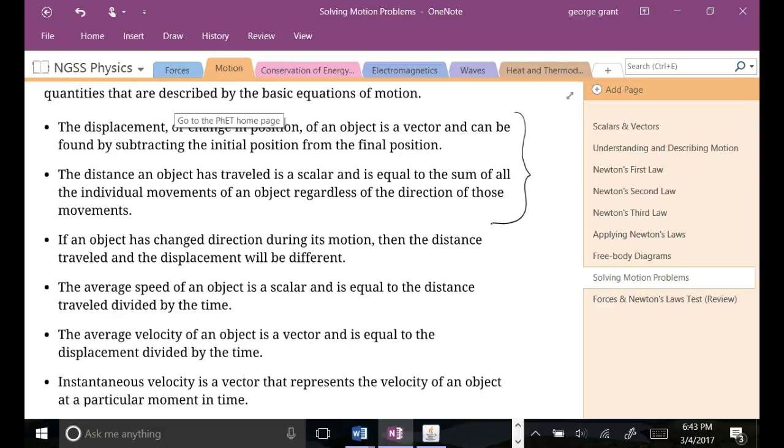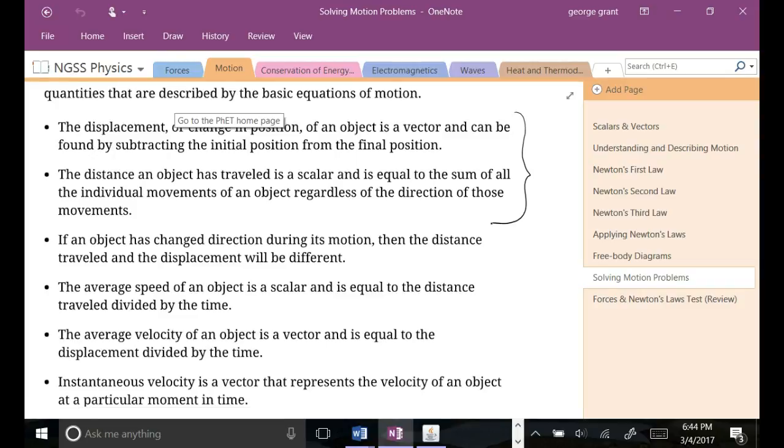So say if you're considering the displacement to school +1, then the opposite direction going home in the afternoon would be -1 mile. So 1 plus -1 would be a total of 0 displacement for your travels for the day. If an object has changed direction during its motion, then the distance traveled and the displacement will be different.